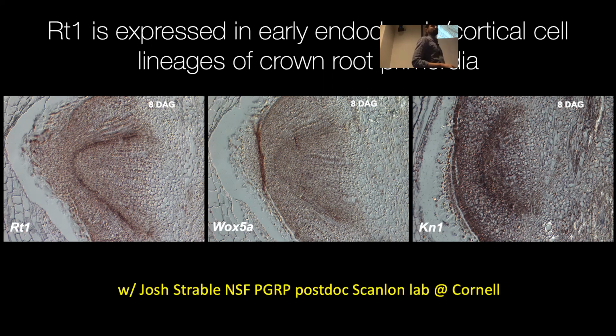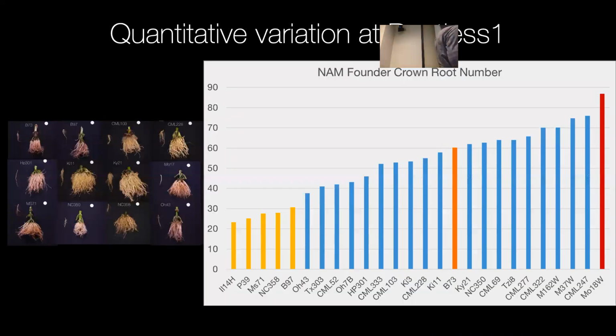This is very reminiscent of SCARECROW or SHORT-ROOT, so we think it might be involved in endodermal cortical patterning. A little bit earlier on, we actually see this in the incipient primordia as well. So it has a fundamental role in nodal root development. And these are just some controls for good measure.